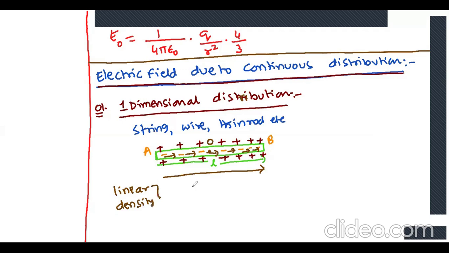So we are having linear density, which we can indicate with lambda, that is given as total charge by total length.